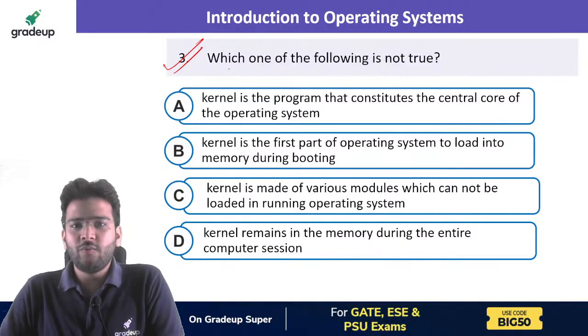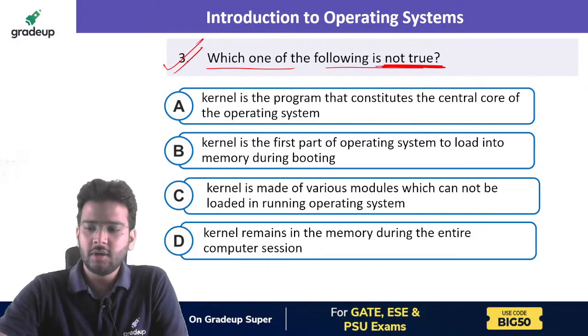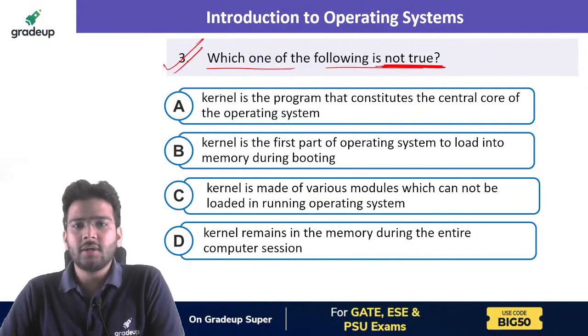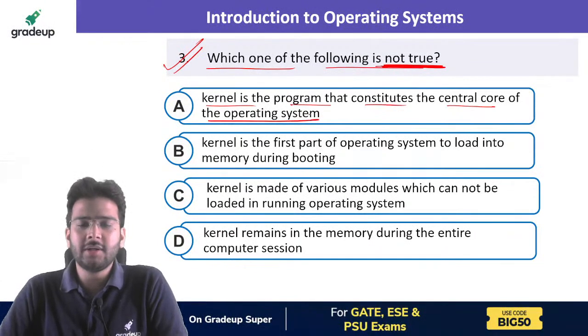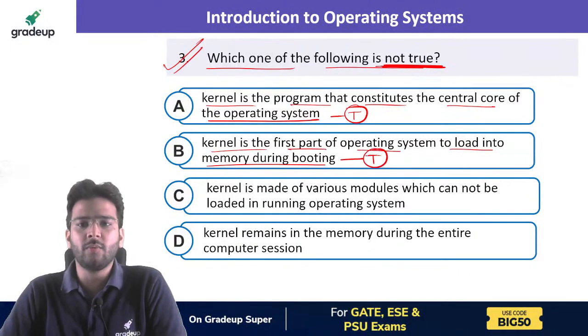So let's see this now. Which one of the following is not true? You have to find the incorrect statement here. Option A: kernel is the program that constitutes the central core of the operating system. This is definitely true. Option B: kernel is the first part of the operating system to load into memory during booting. This is also true.